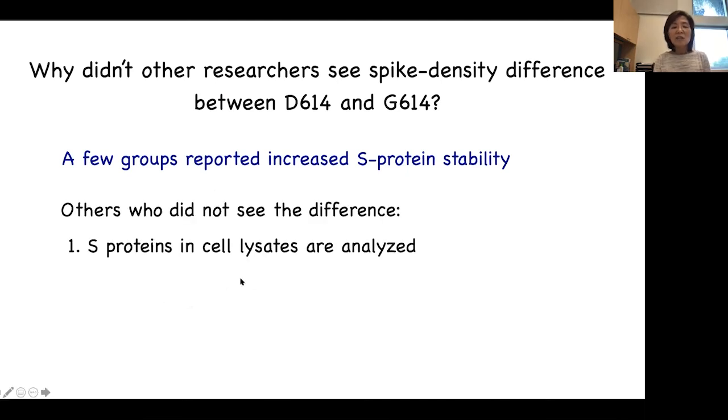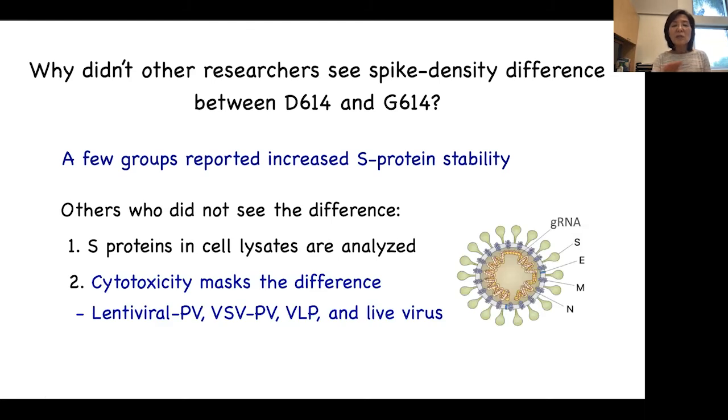And then some people analyzed the S protein in the cell lysate. That doesn't make any sense, but there was only one or two. And in the papers published in Cell and Science and Nature, they all had the cytotoxic problem. Yes, so what I'm trying to say here is that we are the only correct people and other people are all wrong. That's what I'm saying, but that is correct.